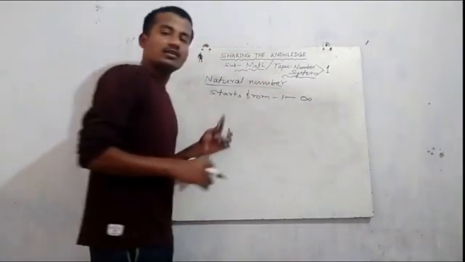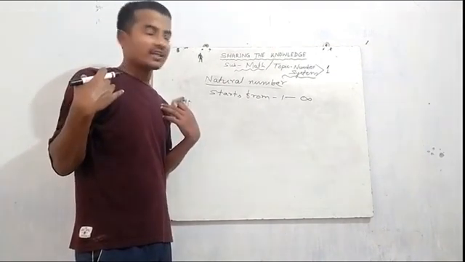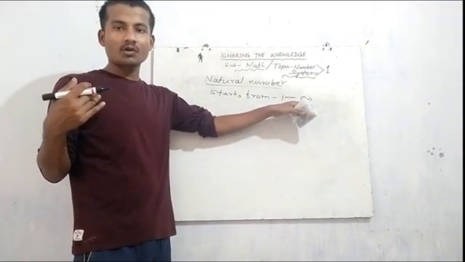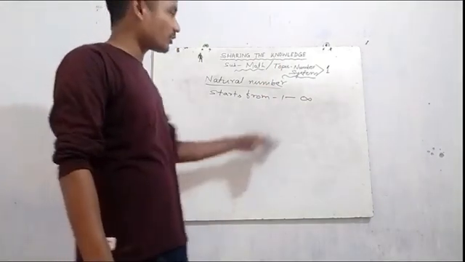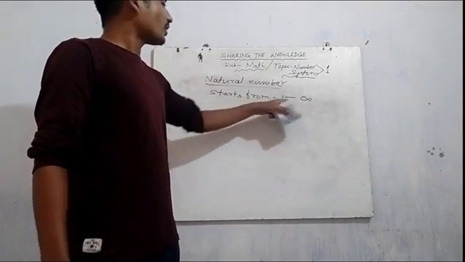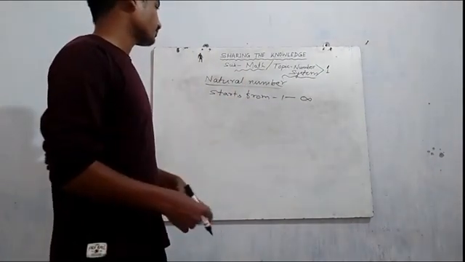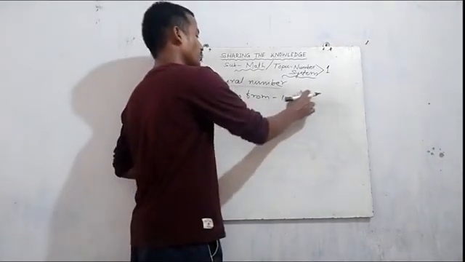Infinity means we don't know where it ends, because we don't know the biggest number, so we call it infinity. Infinity means limitless, we can't count that. So it starts from 1 to infinity. That is natural number. Then comes whole number.